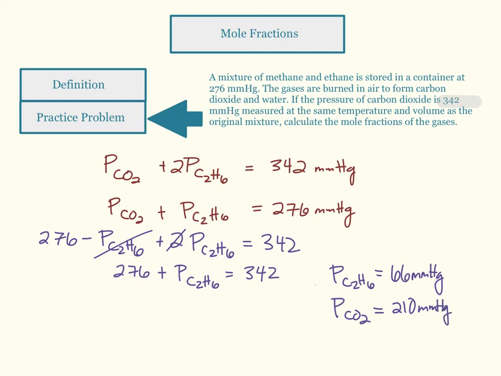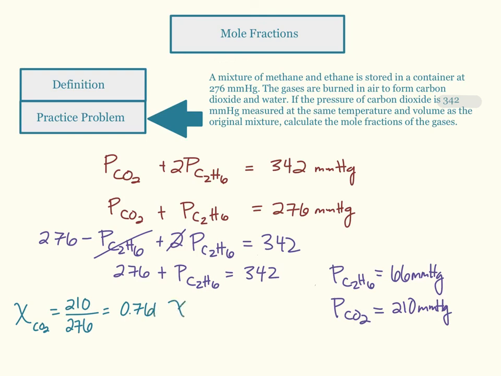Now that we have the partial pressures of each gas, we can use them to answer the real question, which was the mole fractions in the original gas mixture. So the mole fraction of carbon dioxide is 210 millimeters mercury divided by 276 millimeters mercury, which means that is 0.761.